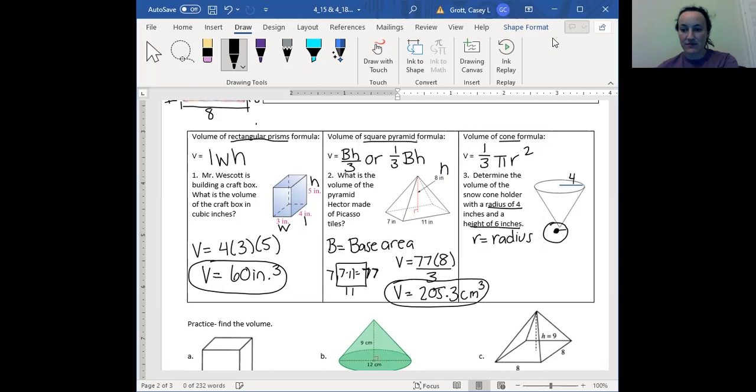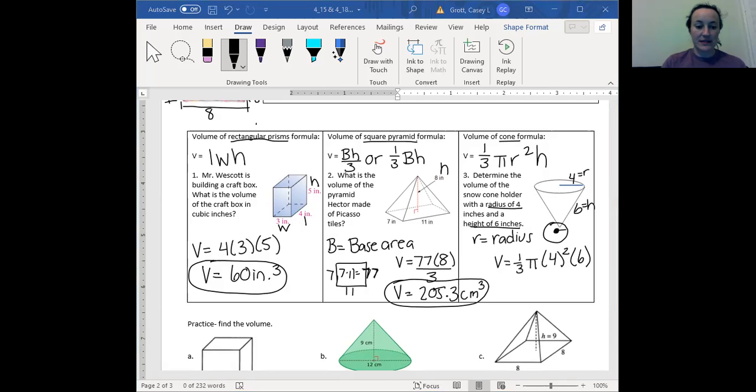So this is going to be 4. This is going to be 6. Here is my radius. Here is my height. Volume equals 1/3 pi r, we said was 4 squared. Oh, my fault, guys. There should be an h here. This is just part of the formula. And then h we said was 6.